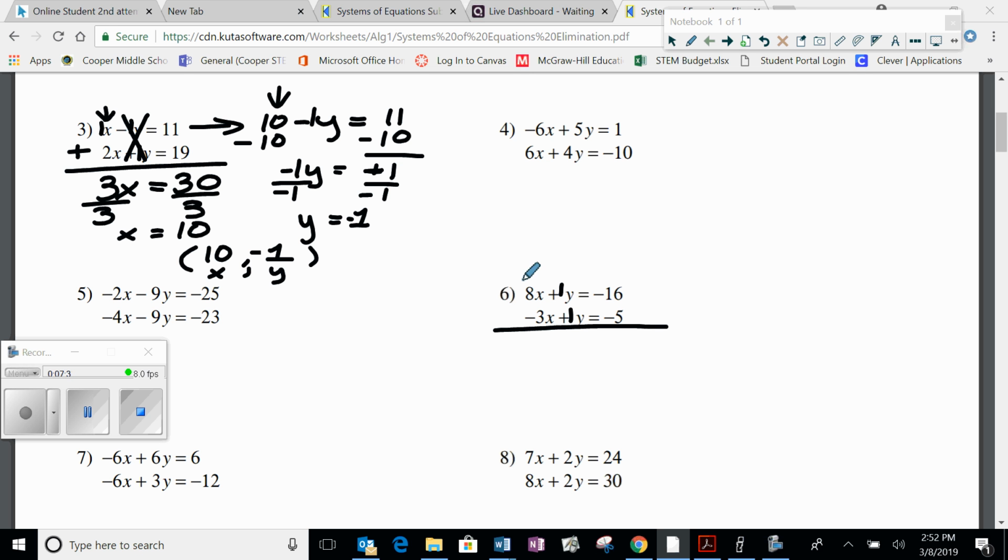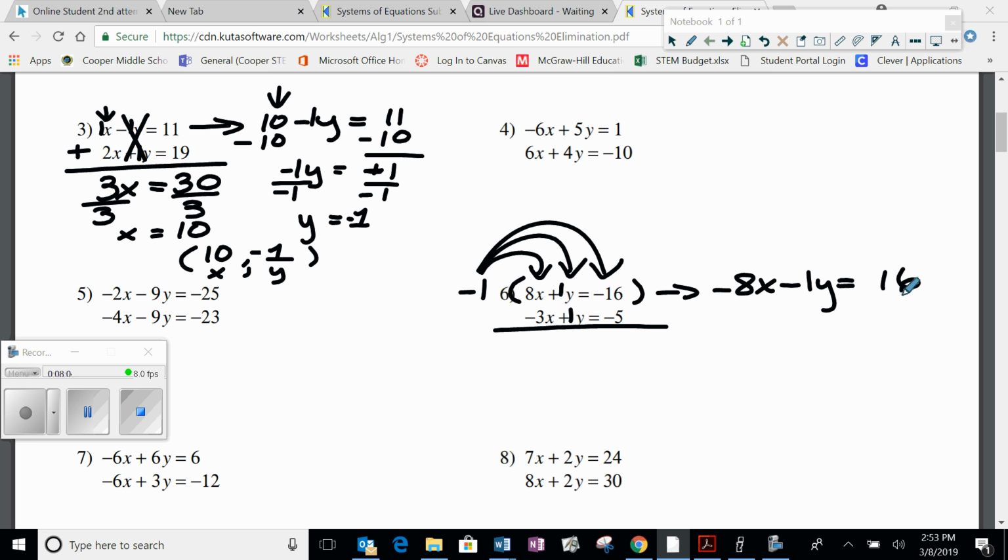It does not matter if you multiply the first equation by negative 1 or the second equation by negative 1. Because both of these coefficients are the same, I need one of them to be the opposite. So let's take the first equation, and I'm going to multiply the entire equation by negative 1. Negative 1 times 8x is a negative 8x. Negative 1 times 1y is a negative 1y. Negative 1 times negative 16 is a positive 16.